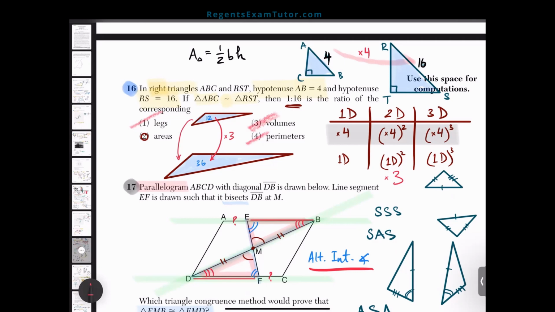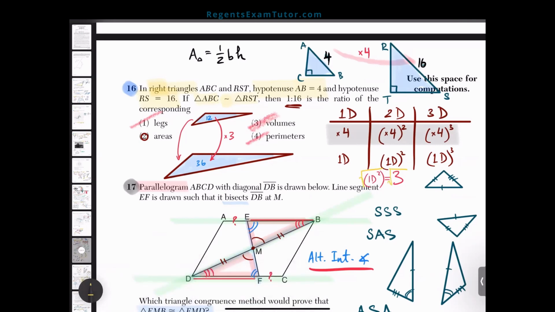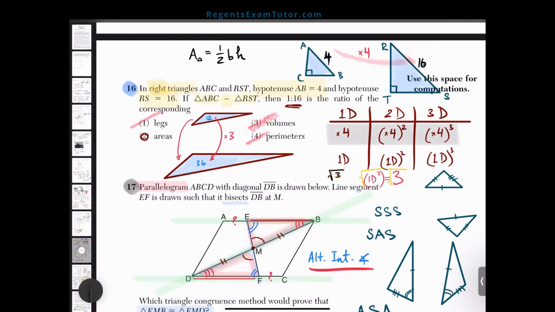So what we would have to do, if that times 3 equals 1D squared, then we'd have to go ahead and take the square root of both sides to get the 1D relationship by itself. So that would mean that root 3 would be the relationship between the one-dimensional sides. It would be 1 to root 3. You know, root 3 is a number. All right, so that's how we work backwards.